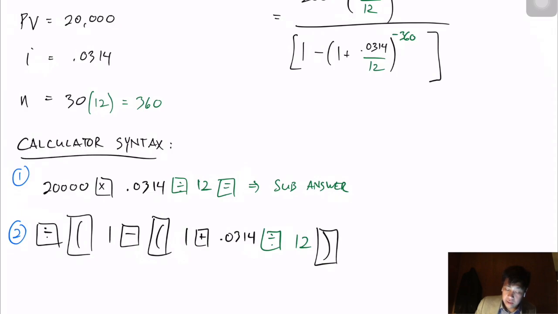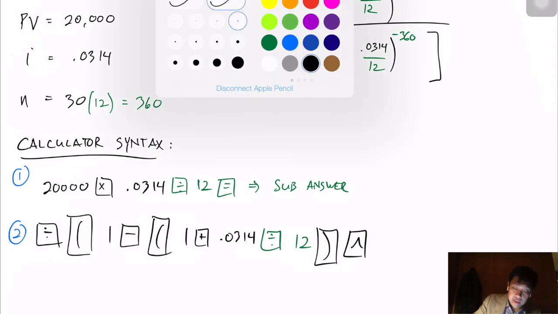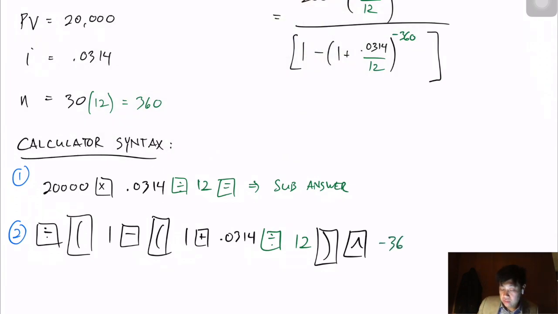I'm going to write a caret, and instead of showing the negative symbol or anything of that nature, I'm simply going to write a negative 360 here so people can tell the difference. And then you would close the parenthesis one last time for the denominator, equal sign, and then this gives you the proper answer.